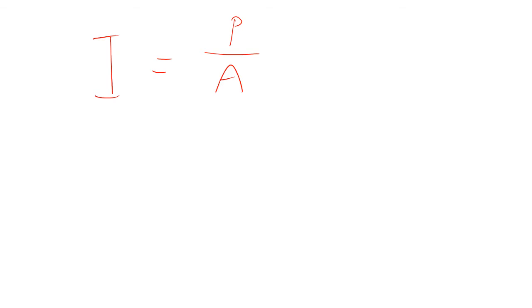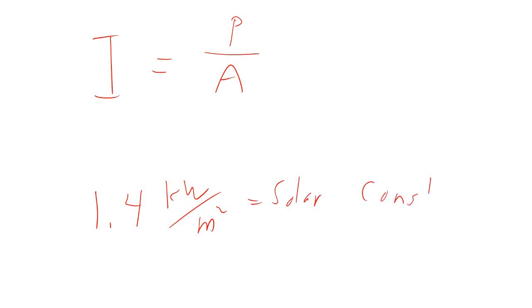In fact, there's something called the solar constant, which is 1.4 kilowatts per square meter. That is roughly the amount of solar energy, light energy, striking Earth outside the atmosphere. It's a little bit less on the surface of the Earth, but outside the atmosphere, a one square meter solar panel would get 1.4 kilowatts of power hitting it, at least perpendicular to it.